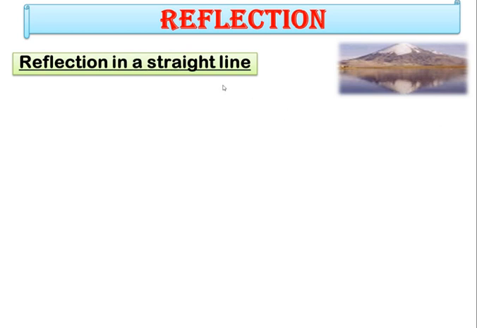Reflection in a straight line. We make a straight line a mirror to reflect any point, any line segment, or any figure; we can say any shape. At first, the reflection in a straight line maps each point A to the point A dash in the same plane.